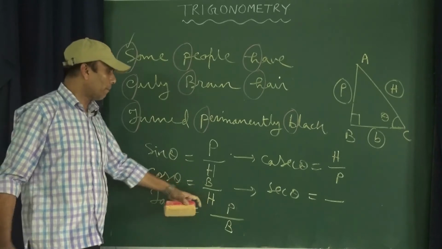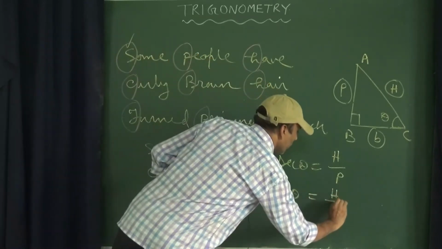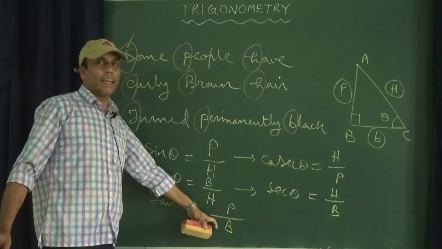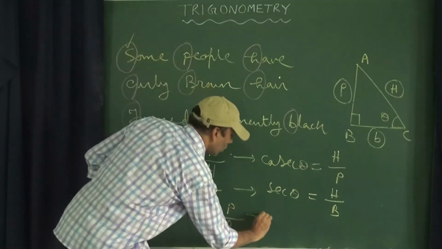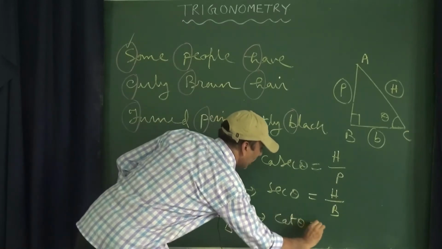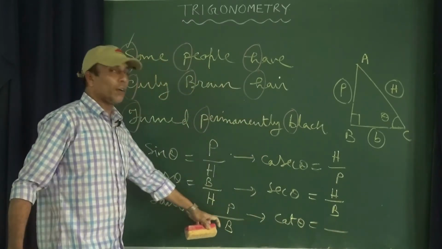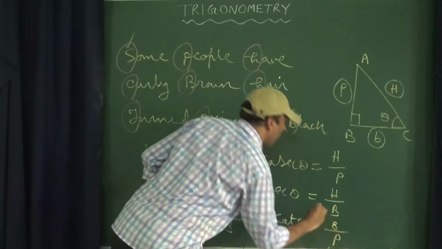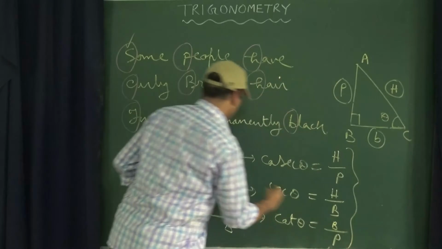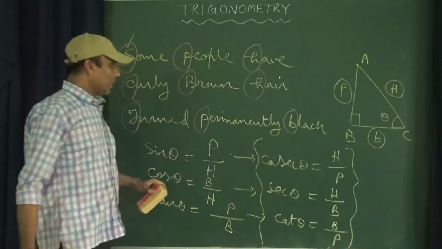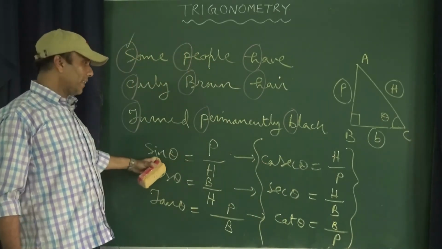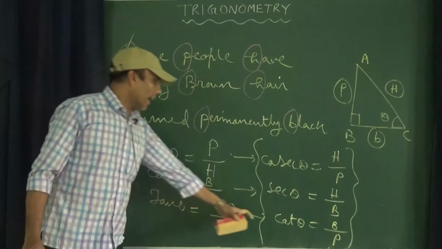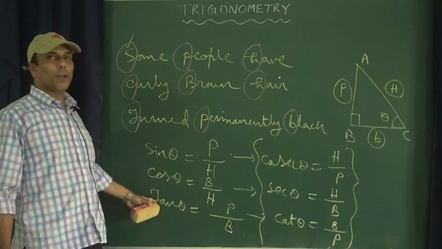So sec theta will become hypotenuse by base. And lastly tan theta equal to perpendicular by base written. Tan's reciprocal is cot. Cot theta equal to reciprocal of perpendicular by base is base by perpendicular. So you have to remember that cosec theta, it is the reciprocal of sin theta. Sec theta, it is the reciprocal of cos theta. And cot theta, it is the reciprocal of tan theta.